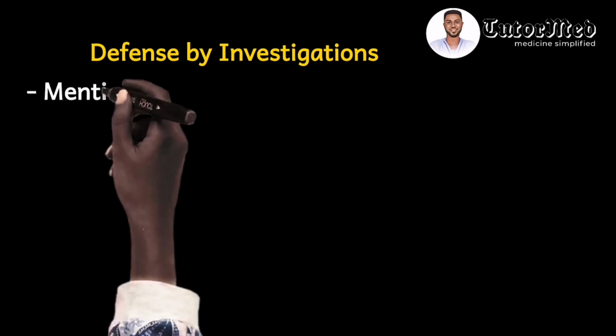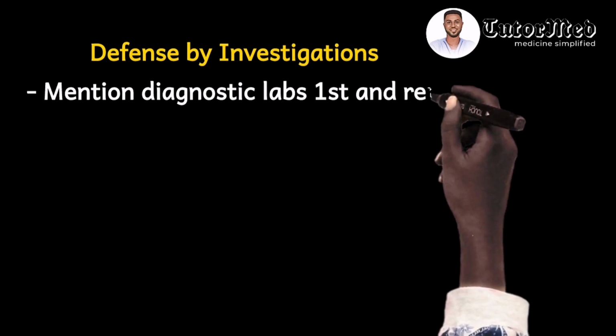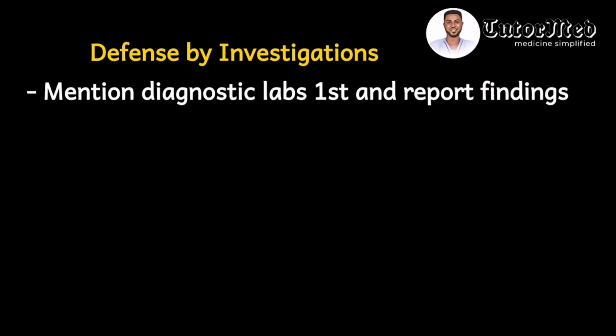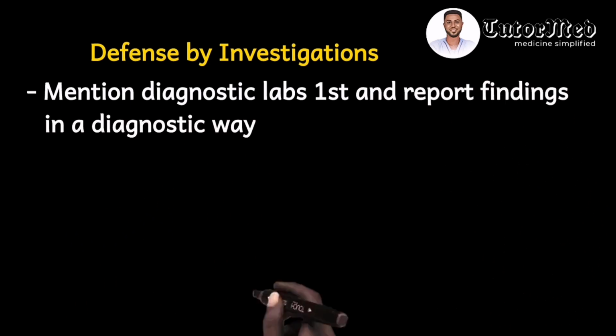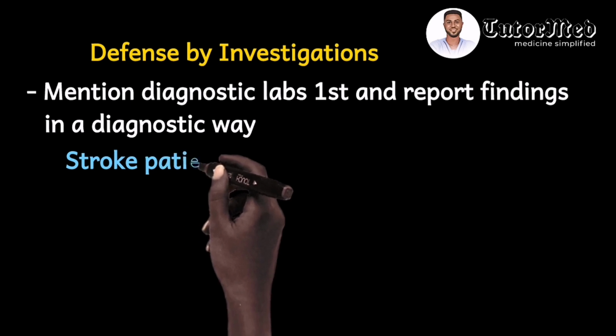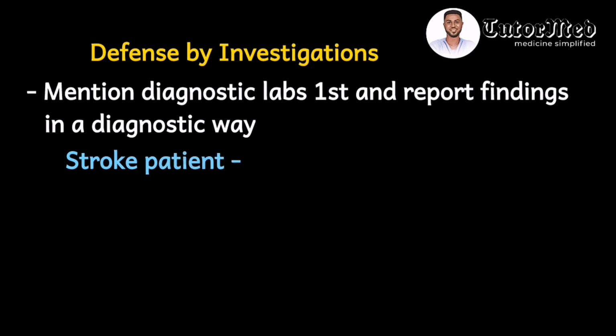Still on diagnosis defense, after history and exam, the next is defense by investigations. And here, the clue is that you mention diagnostic labs first and report your findings, like I said, in a diagnostic way. What I mean by this is that, assuming you are presenting a case of stroke, you've done well to defend your diagnosis by history and physical exam.